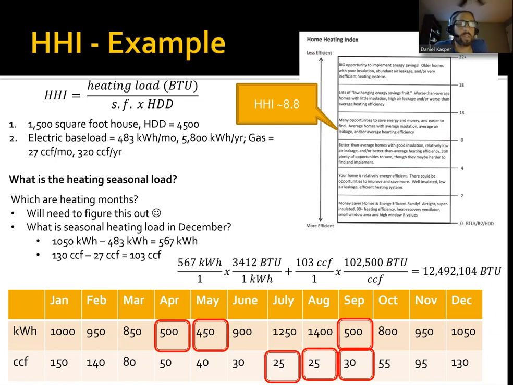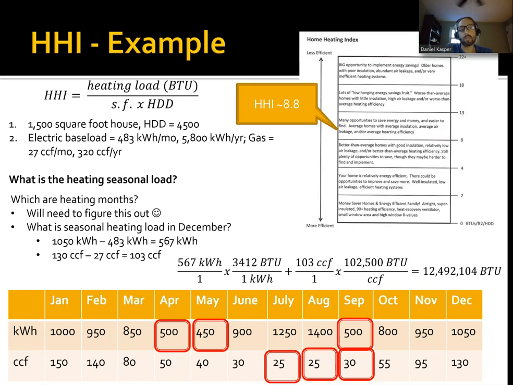It's not efficient, it's not really bad, but putting on your energy auditor hat, and this is really the point, if you have an HHI of around 9 for a house, you think, I should be able to find some energy saving opportunities here. There's probably not great insulation. Maybe they're adding too much heat, or the thermostat's turned up too high, whatever the case may be. There should be some opportunities for savings in this house.